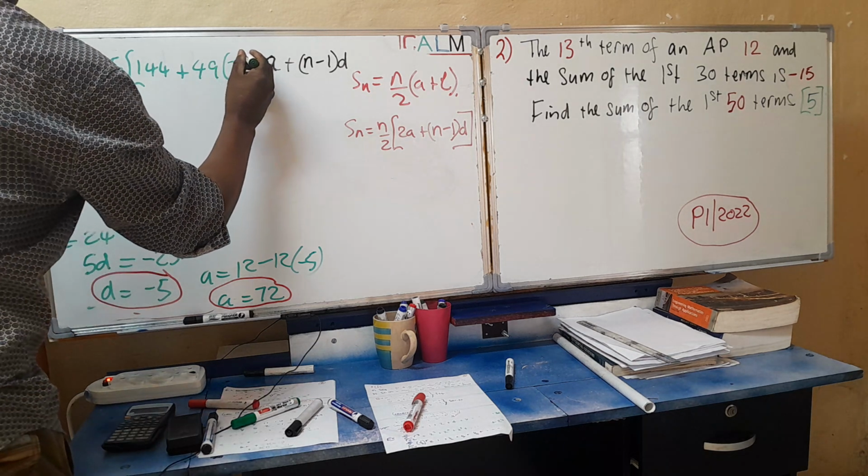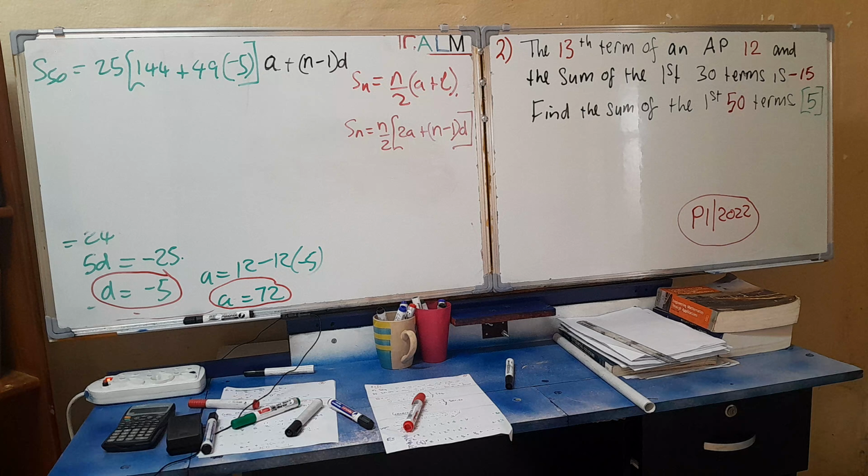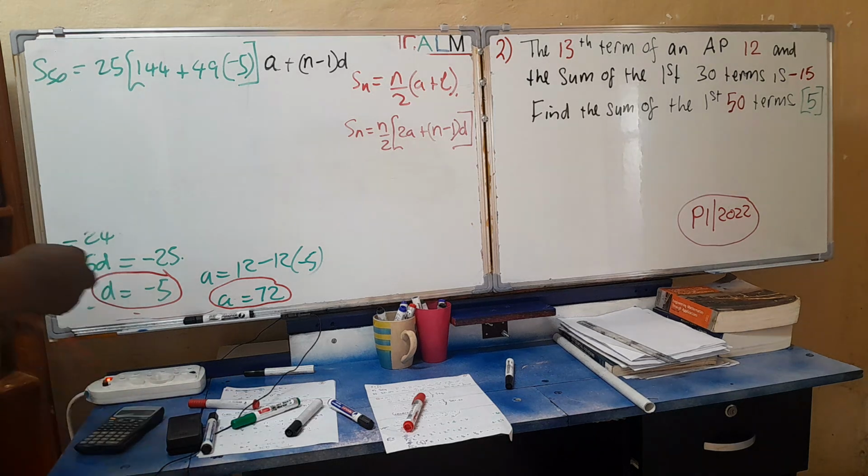So we put a minus 5 there and we close our bracket. We can simplify that by doing the little calculation inside the bracket. That gives us 49 times minus 5, which is minus 245, plus 144. That gives you minus 101.